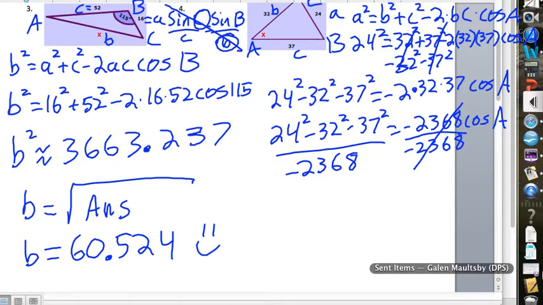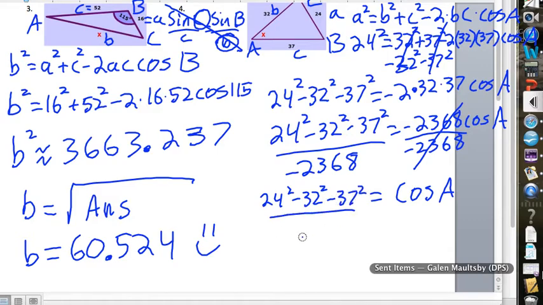And I tell you what, we're not going to evaluate any of this. We're not going to crunch any of these numbers. We're just going to write it as one big calculation. Our cosine A value is 24 squared minus 32 squared minus 37 squared over negative 2,368.